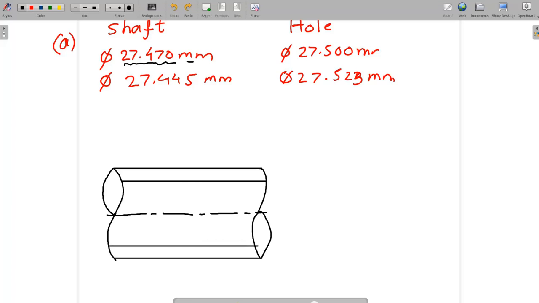Suppose this is your shaft, when you do turning. So both sides we have to actually consider the tolerance on both sides. But most of the time we don't show it, we only highlight one tolerance. So this is the tolerance, correct? So whatever they have given in this case, 27.470, that is upper limit.